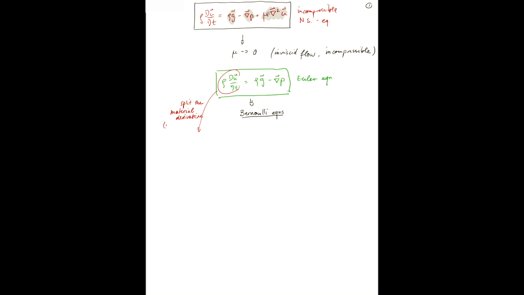And let's use index notation. And let's divide the whole thing by rho, both sides. So in that case, we can rewrite our Euler equation as Dui.